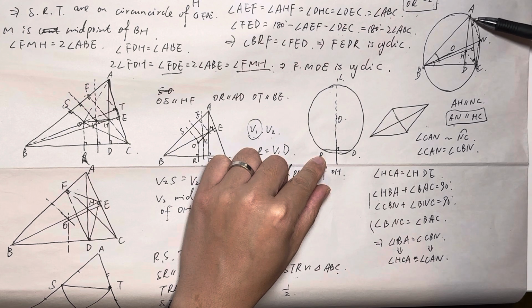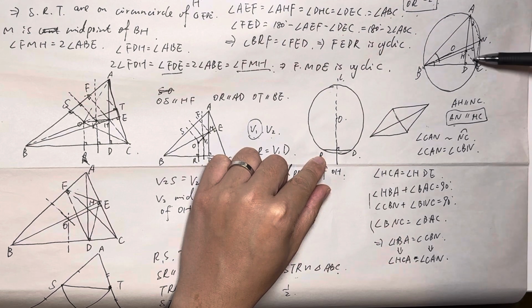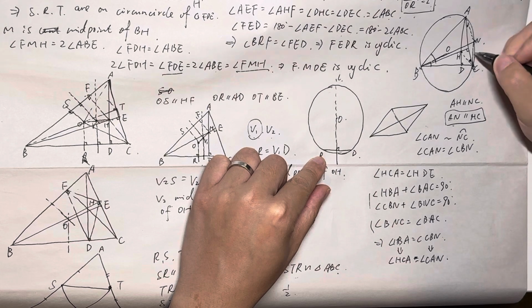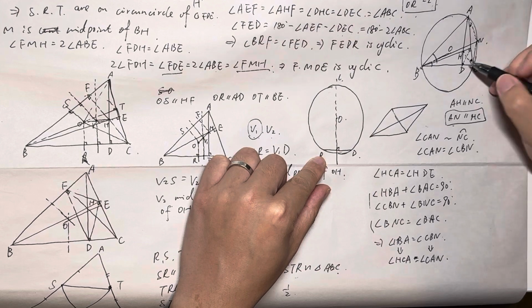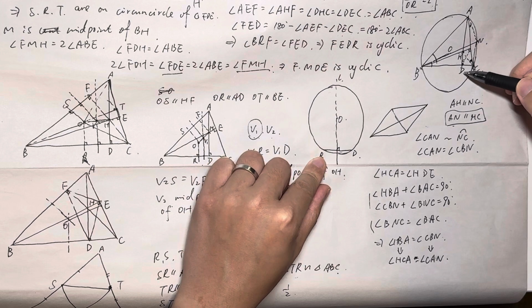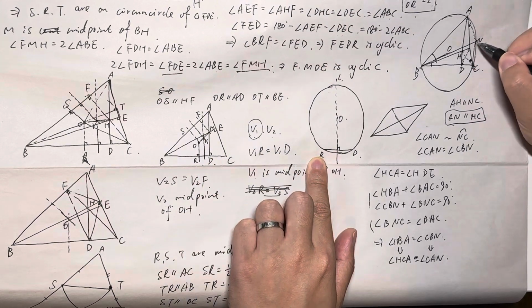HCA, right? And we already know that angle NAC equals angle NBC, right? And the angle HCA can be translated to this angle HD. We actually call this point E, right?